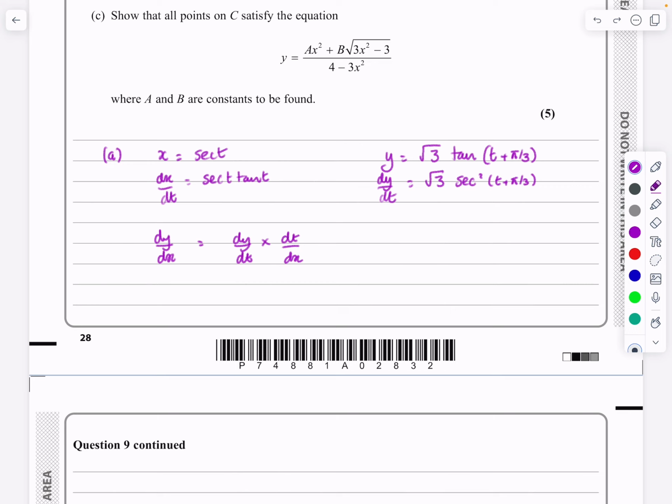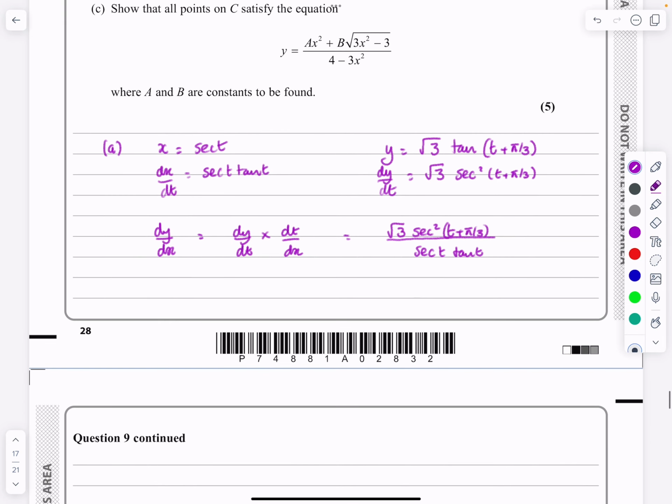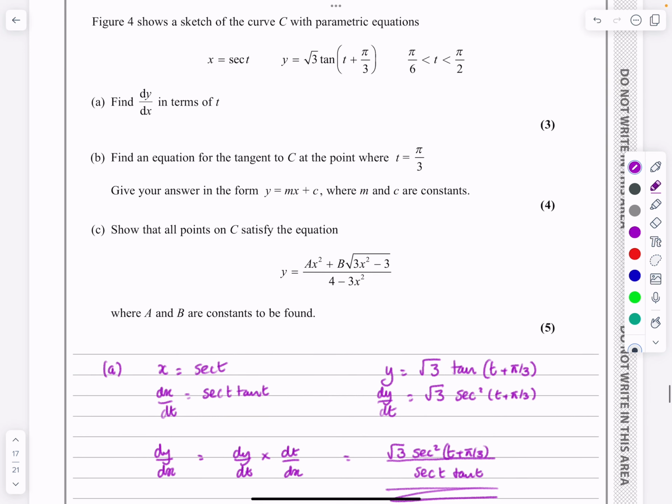So I'm going to get that equals dy by dt, root 3 sec squared (t plus pi over 3), and then 1 over sec t tan t, I'm just going to write as divided by sec t tan t. It just says find dy by dx, doesn't say anything else, so I'm quite happy to leave that as my actual answer for that part, as they haven't asked me to simplify it in any way.